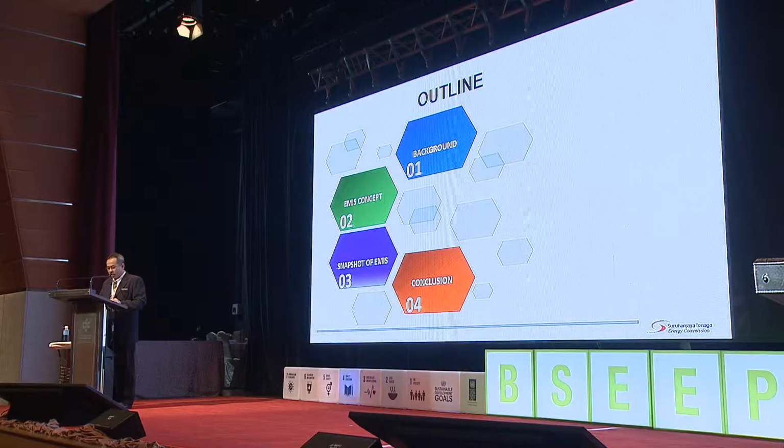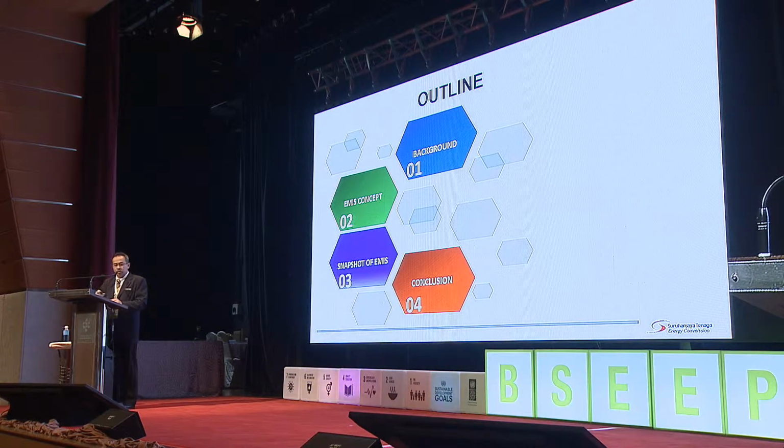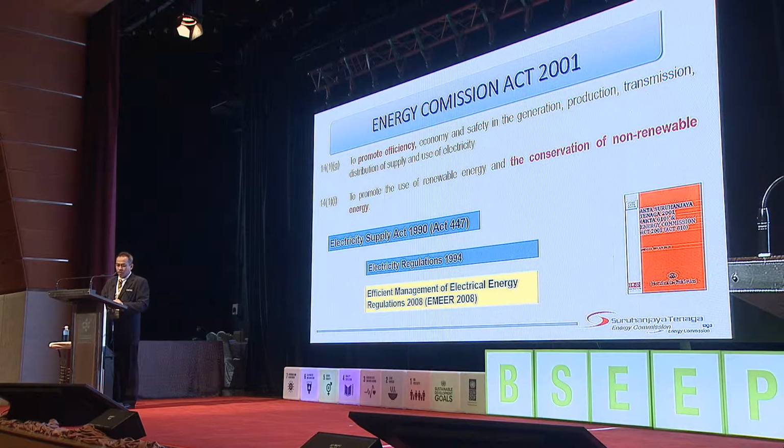Okay, the outline of my presentation is the background, the EMIS concept, the snapshots of EMIS, and the conclusion. As a regulator, we cannot do away with this. Number one, we have two acts here: the Energy Commission Act, where it's clearly stated to promote energy efficiency and also to conserve non-renewable energy.